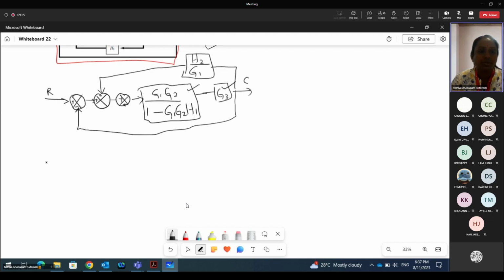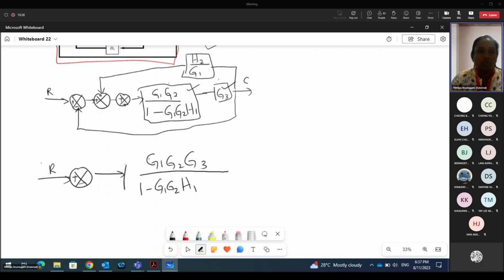So in this case, G1, G2, G3 will be the summary of these blocks, over 1 minus G1G2H1, plus this term, which makes it G2G3H2.